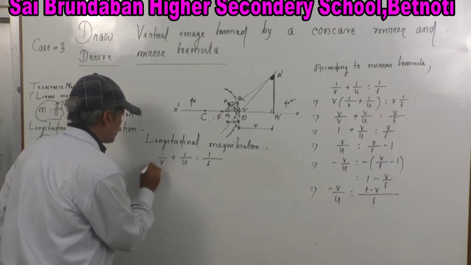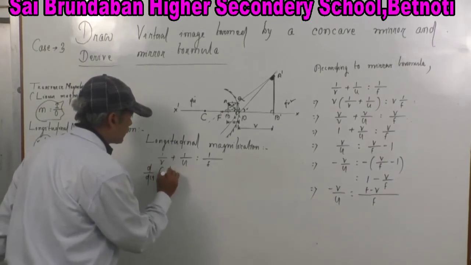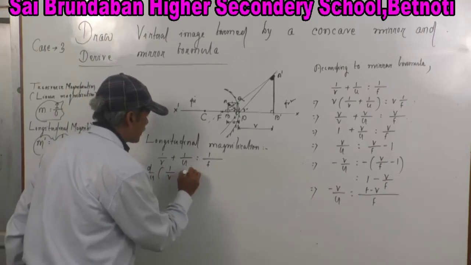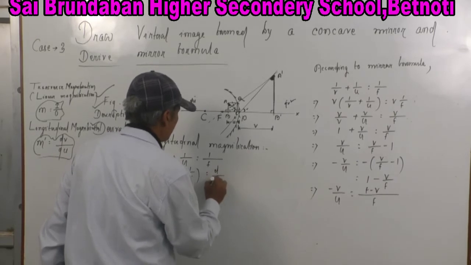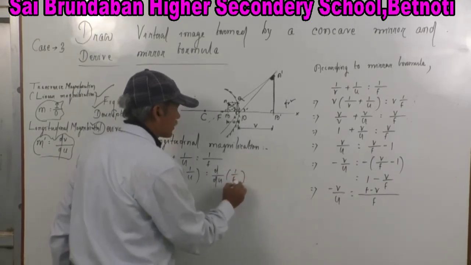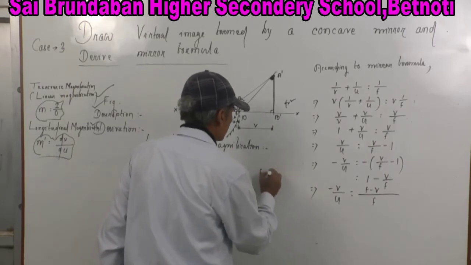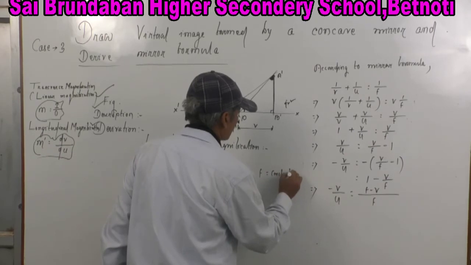So now differentiating, d by du whole into 1 by v plus 1 by u is equal to d by du of 1 by f. f is constant.